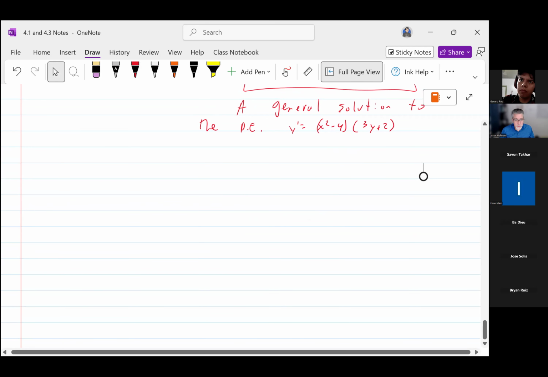Okay, let's do another one of these. Okay, number 2, solve the initial value problem.